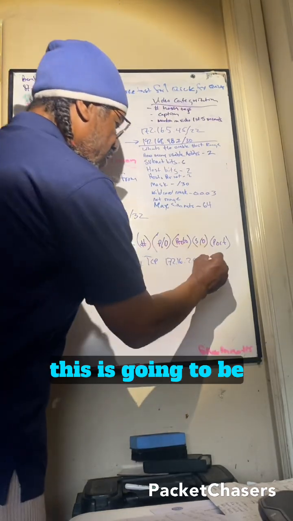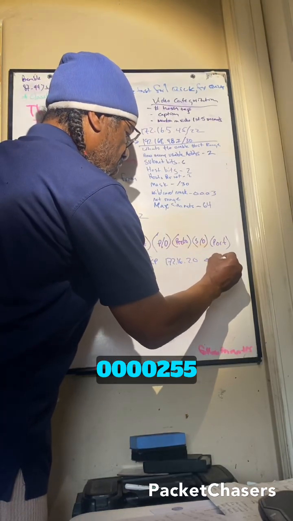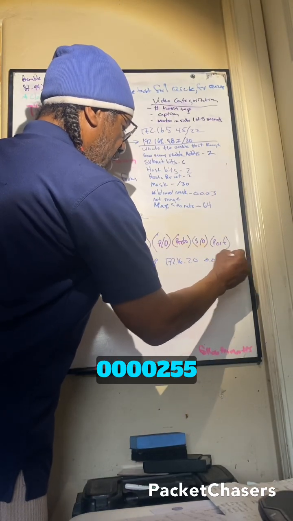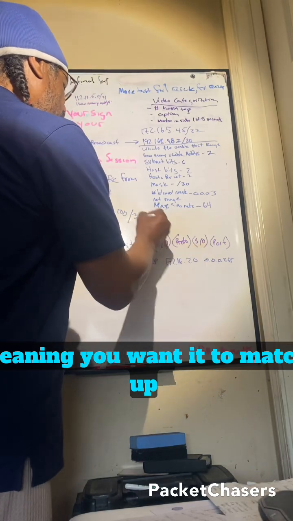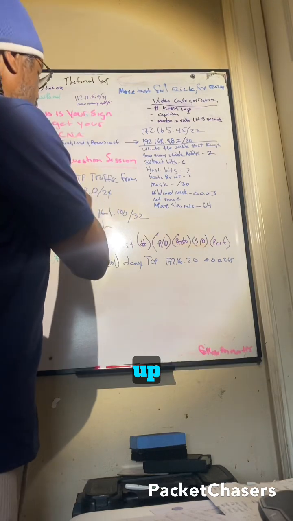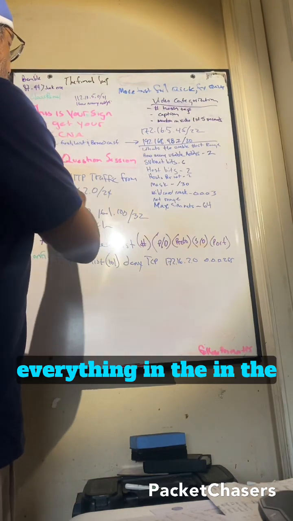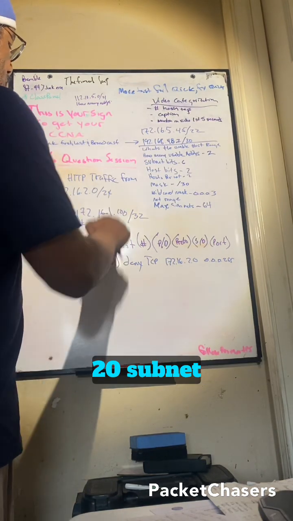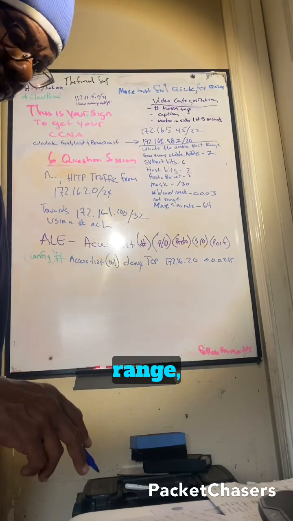So the mask for this is going to be 0.0.0.255, meaning you want it to match up, since it's a slash 24. You want it to match up on everything in the 2.0 subnet range, right?